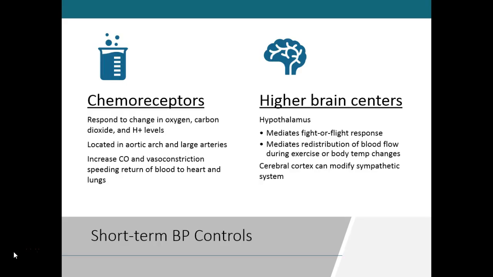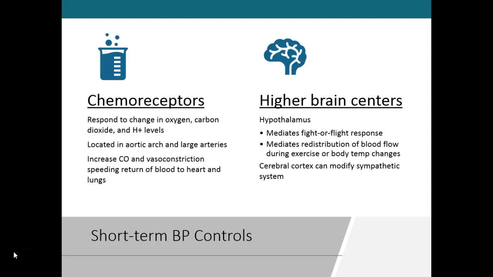Chemoreceptors, remember, are sensory receptors that monitor the chemical composition of the blood. These are also located really close to those baroreceptors in the carotid sinus and the arch of the aorta. These chemoreceptors detect changes in the blood of oxygen, CO2, and hydrogen ions.